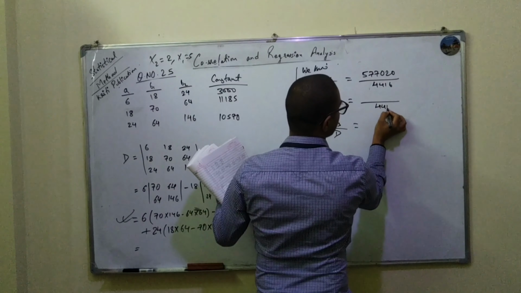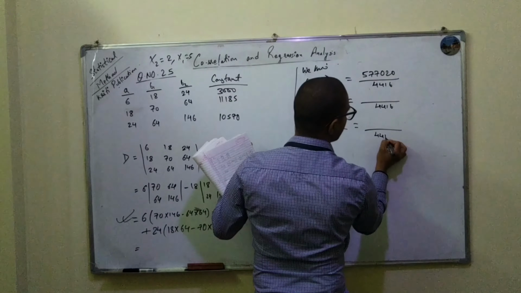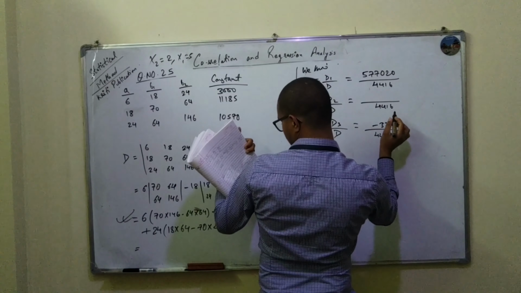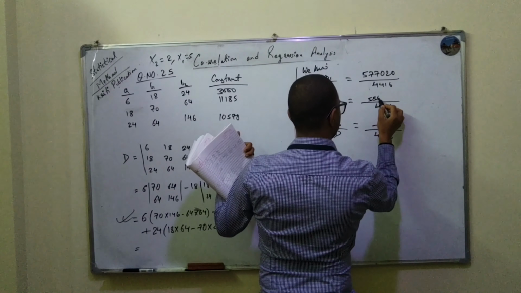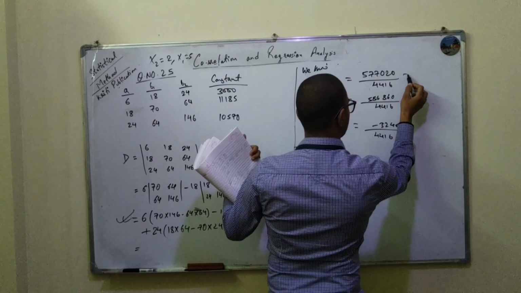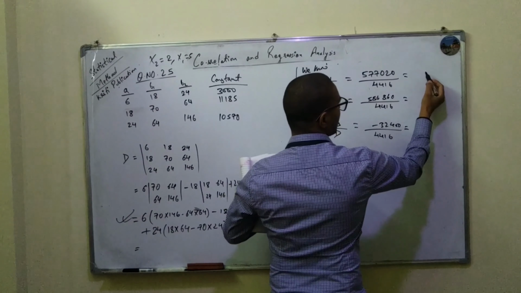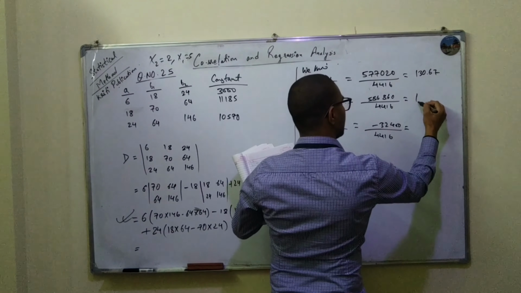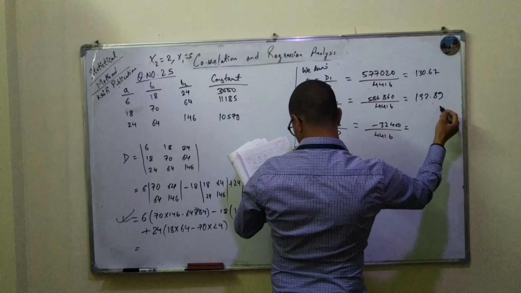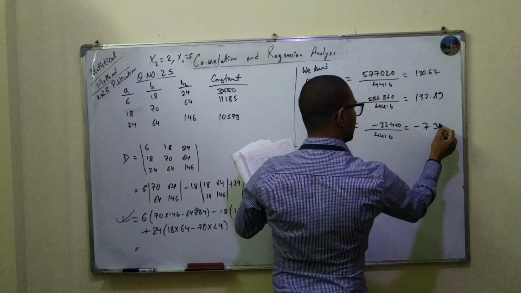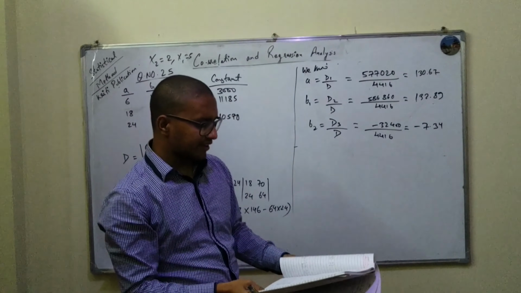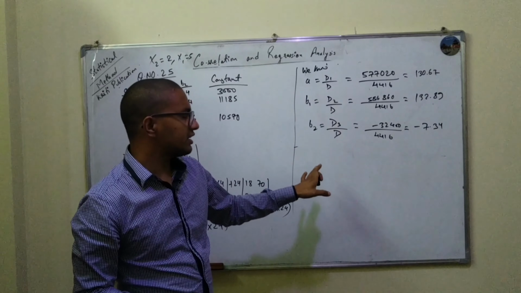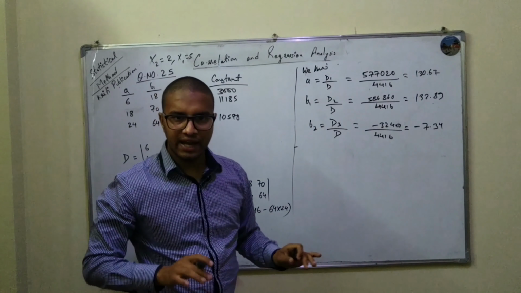So 4416, minus 32,400, 586,860, 130.67, 132.89, minus 7.34. Okay, so these are the values that I have got. Okay, so basically after you computed it, you will get this kind of values.